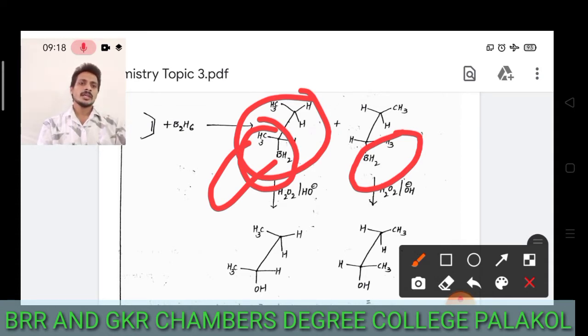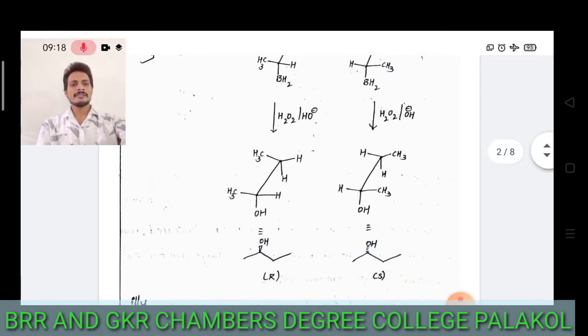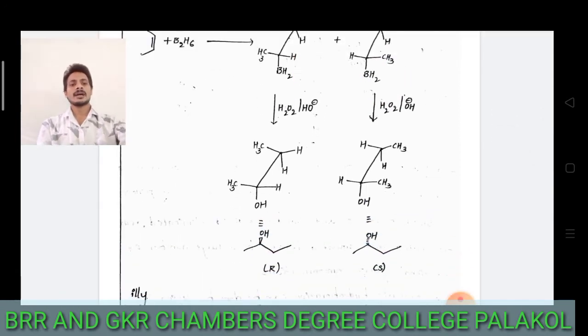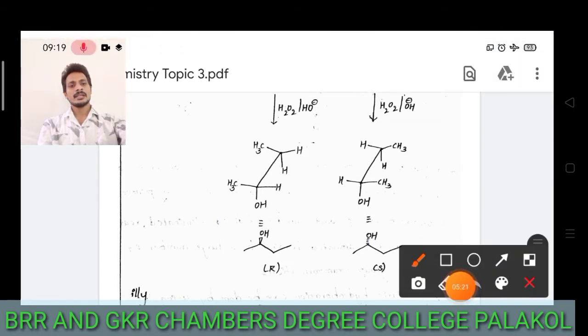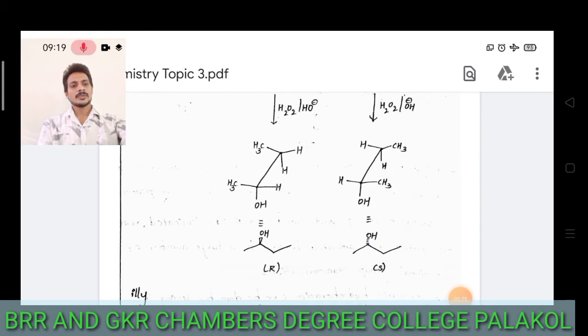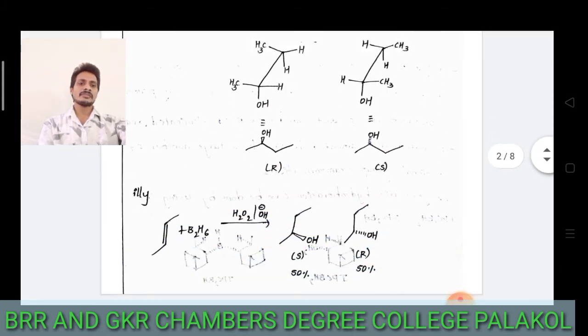Boron addition, with respect to planes, occurs on the top plane and bottom plane, meaning the Re face and Si face are in equimolar ratio, so it gives an equimolar ratio of the corresponding alcohol. In these reactions we get 50% R isomer and 50% S isomer. The reagent doesn't differentiate the prostereocenter.